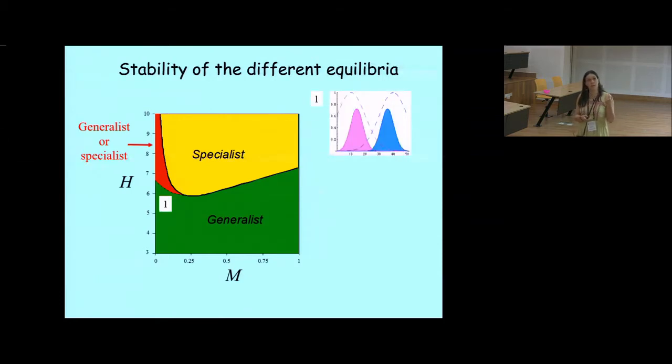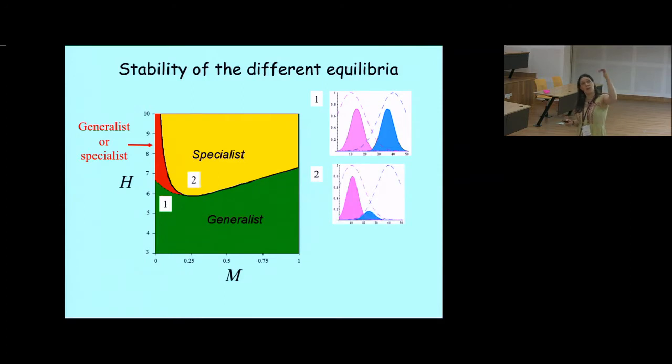Again, just to illustrate this, in this range of habitat heterogeneity and migration, you expect this kind of situation with two well-adapted populations, each specialized on one host plant, but the species is a generalist because it contains those two specialist populations.